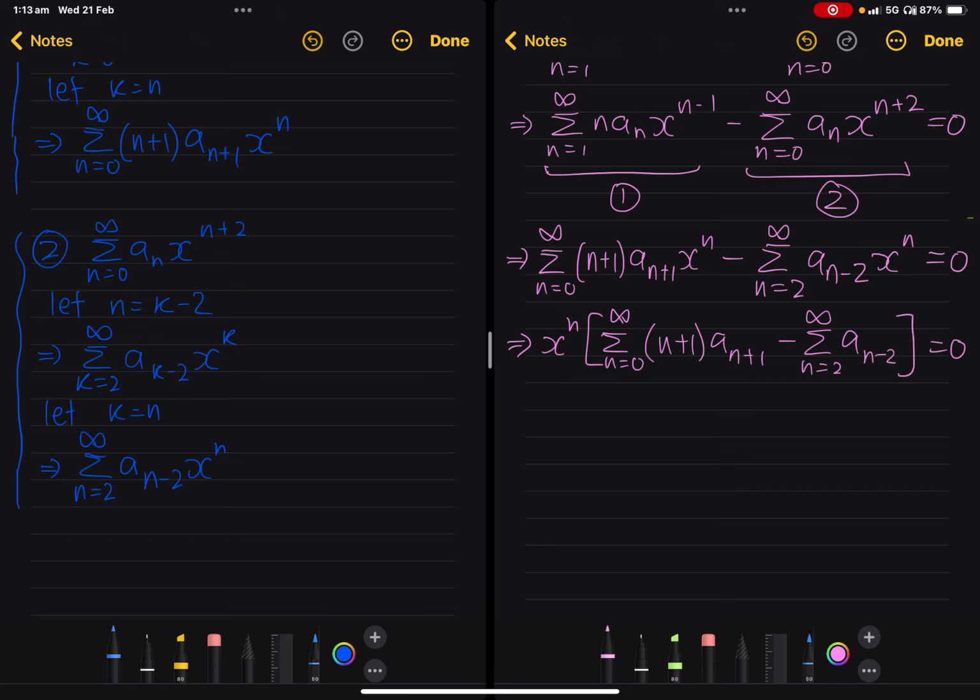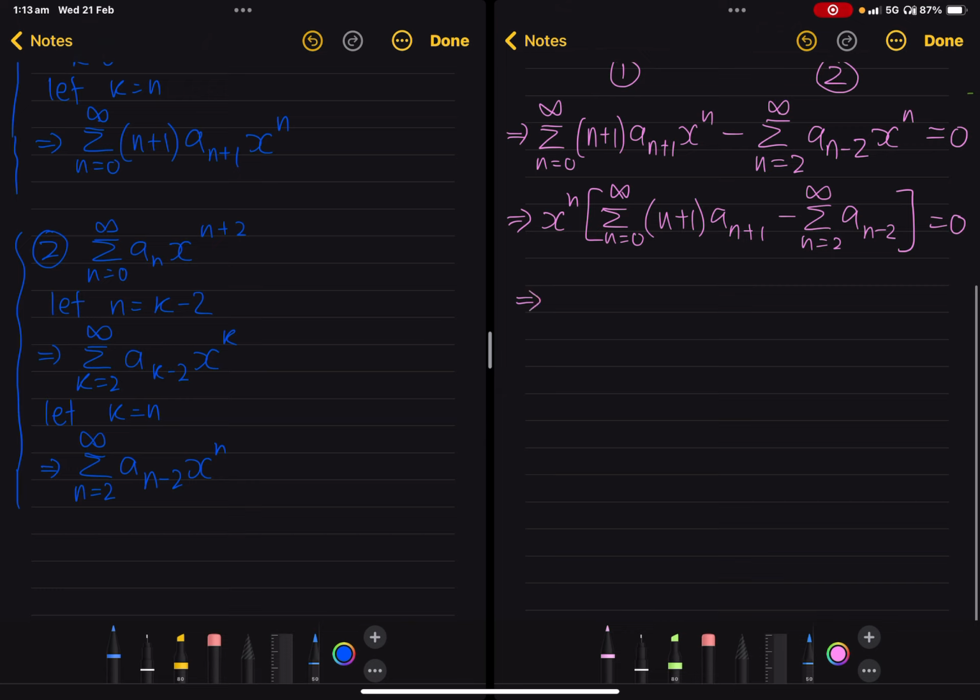This is equal to 0. Either x to the n is 0 or the thing in the brackets is 0, so we're going to let the thing in the brackets be 0. So this implies that the sum from n equals 0 up to infinity of n plus 1 times a subscript n plus 1 minus the sum from n equals 2 to infinity of a subscript n minus 2 is equal to 0.